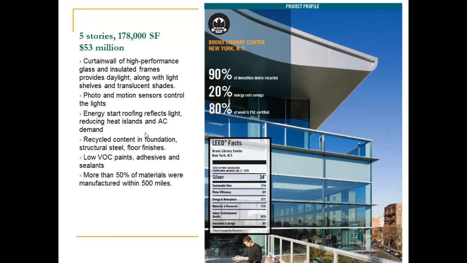You can see 90% of demolition debris recycled, 20% energy cost savings, 80% of wood is FSC certified, which is the Forest Stewardship Council's certified forest, meaning that the structural lumber that was put into this building came from a lumber mill that purchased its trees from a landowner that is replanting 2 trees for every one they harvest.